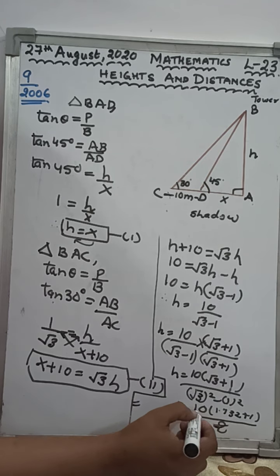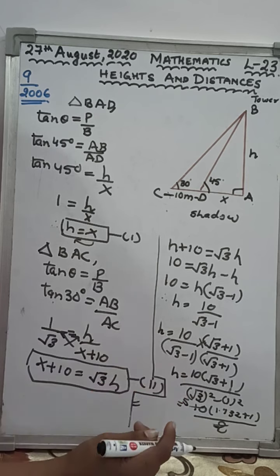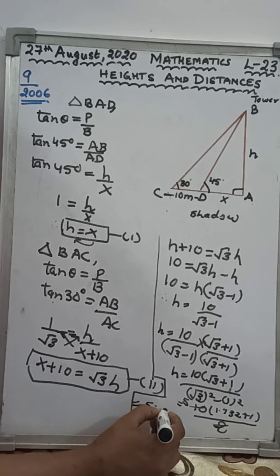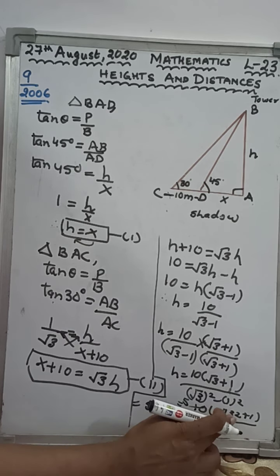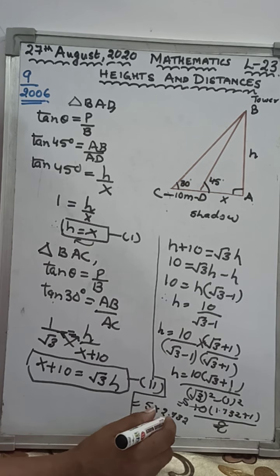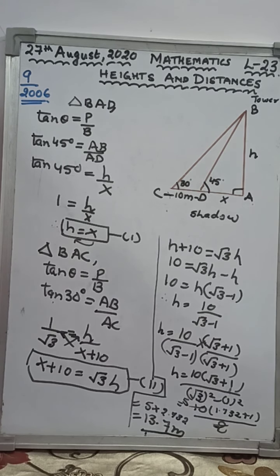So when you simplify, this will go with table of 2, 5 times. Now 5 multiplied with 2.732. Clear? 1.732 plus 1. So when you multiply, it will be 30.7 meter. Got it? So this is the answer of question number 9.